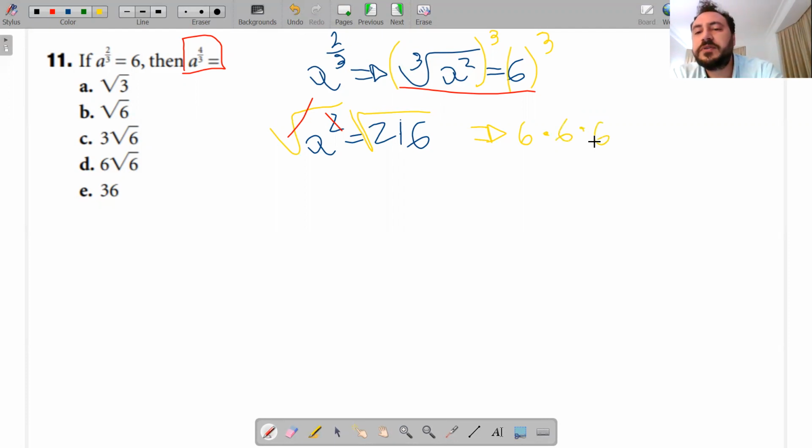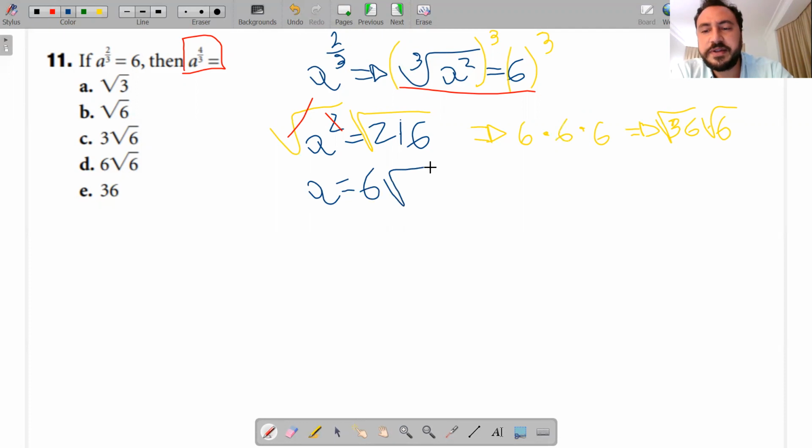Since it's in the power of 2, we can rewrite this as 36 by 6. Putting them to the power of 2, this one will become 6, and this one stays the same. So my final result is that a is equal to 6 square root of 6.